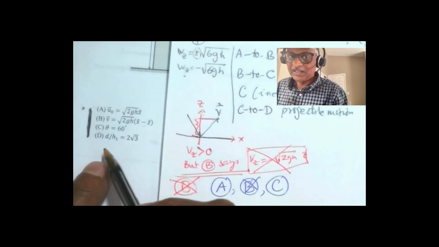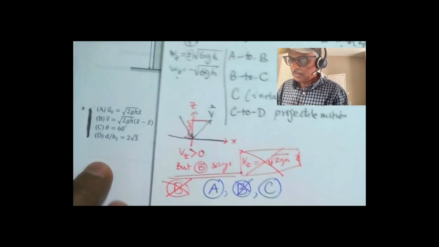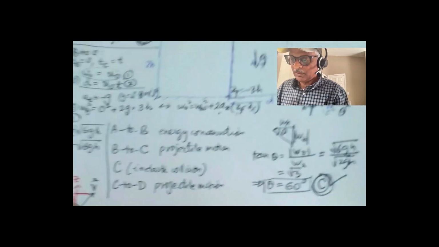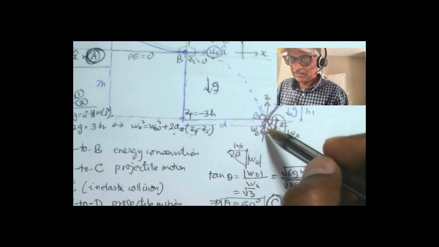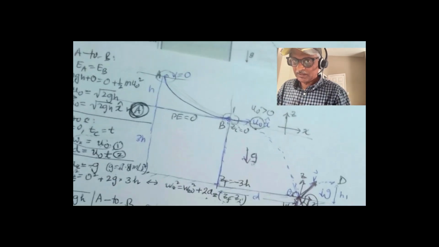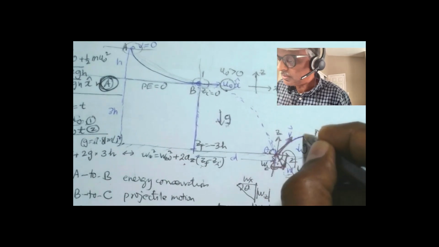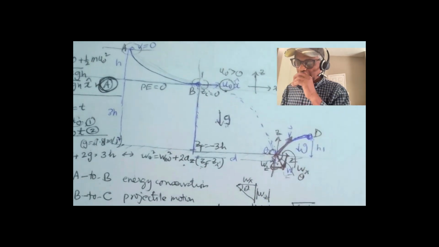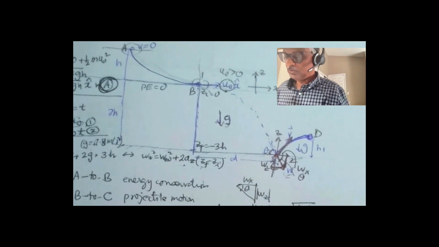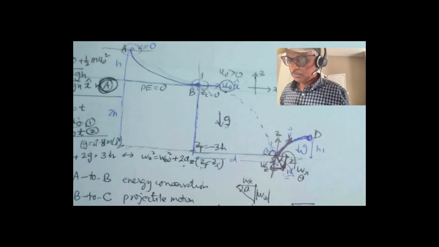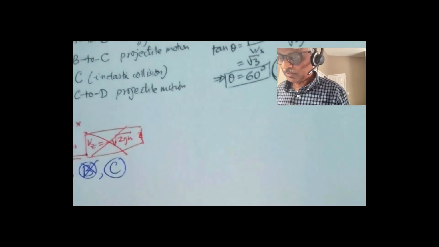Now we have to do D. For D we really must solve this part, this bounce. Now if you didn't have time and you're running out of time and you don't know D, then don't mark D right or wrong. It's better to leave it alone and you get a fair amount of partial credit.